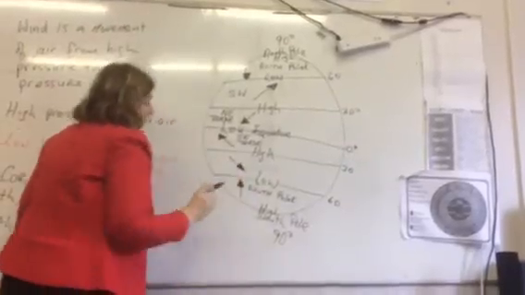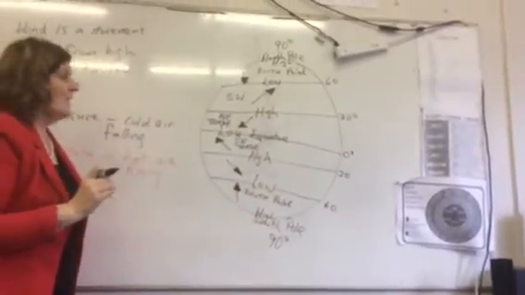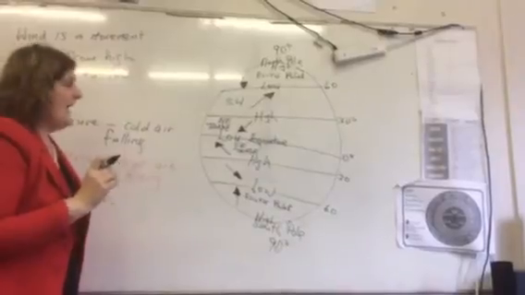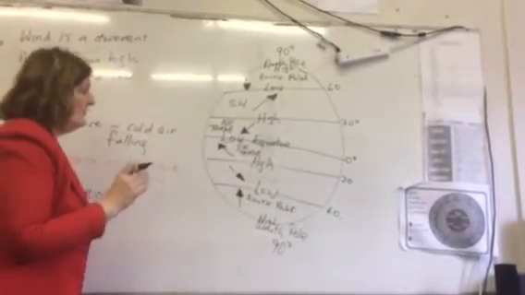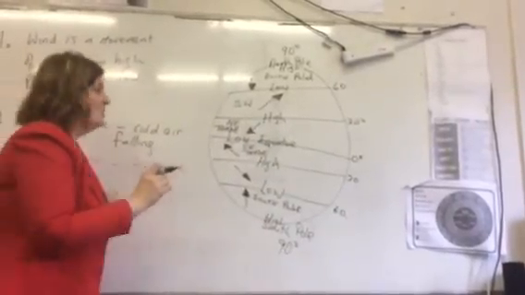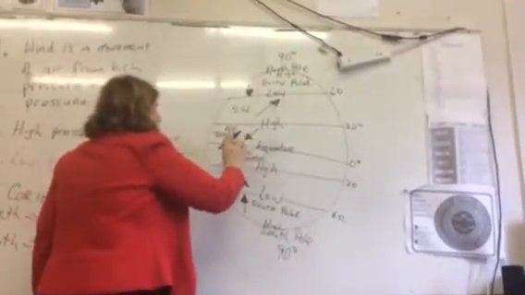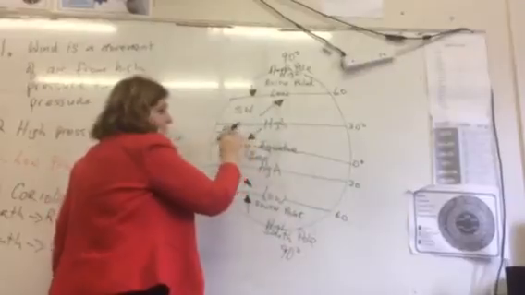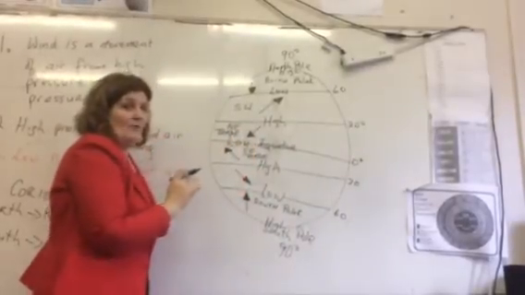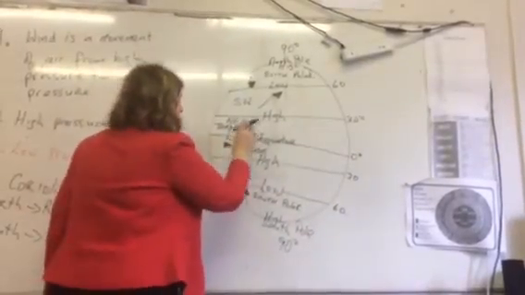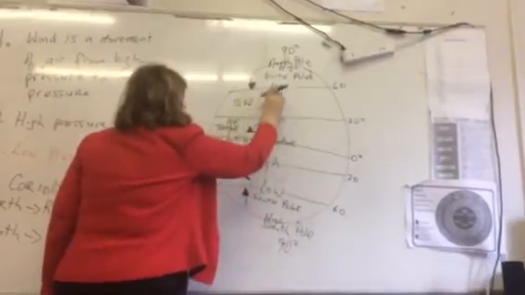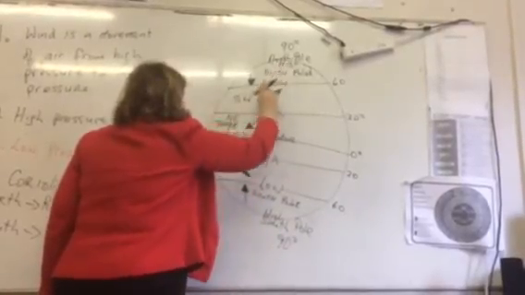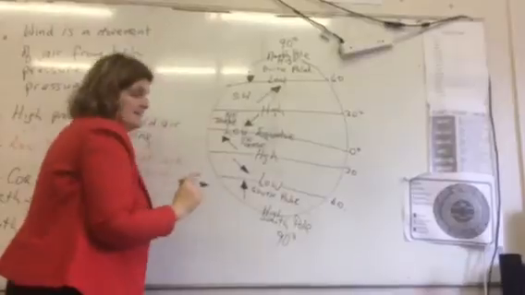Now, a few more things to do. Winds that are heading towards the equator are cold winds. They cool the areas that they blow over. Winds that are coming up from the direction of the equator, heading towards the direction of the pole, raise temperatures.